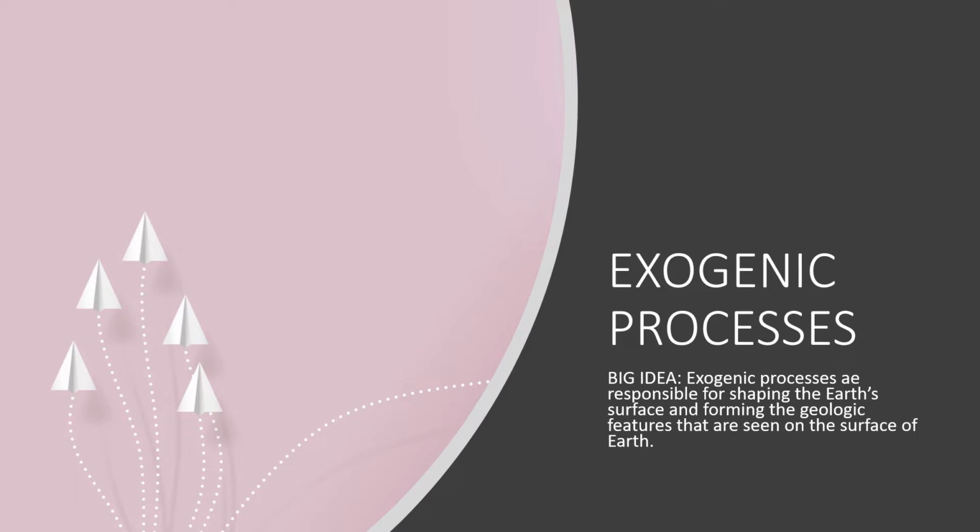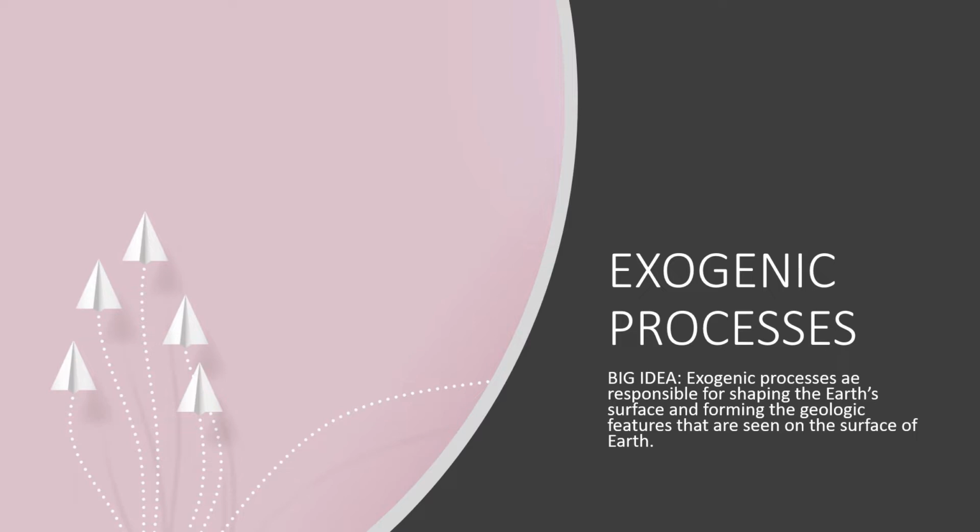The rate at which these processes occur varies. It can be when rocks are broken down by weather, sediments are moved by wind and water, and mountains are sculpted by wind, water, and also ice. This includes exogenic processes such as weathering, mass wasting, erosion, transportation, and deposition.